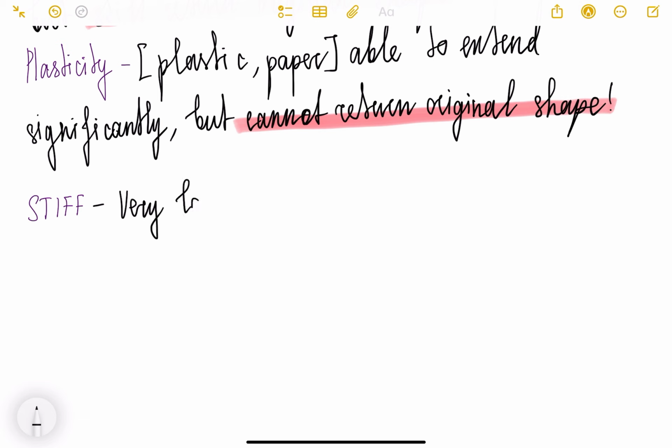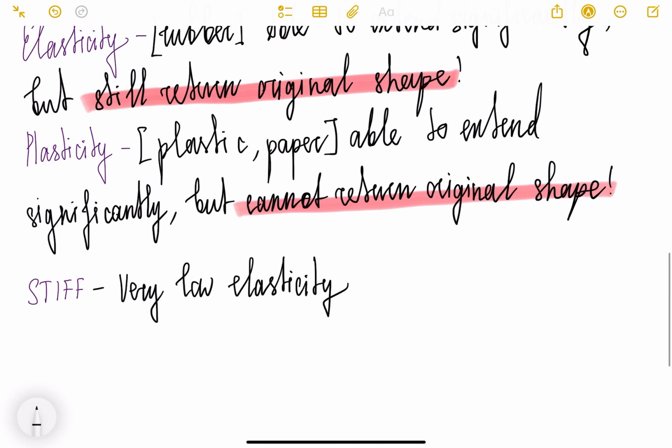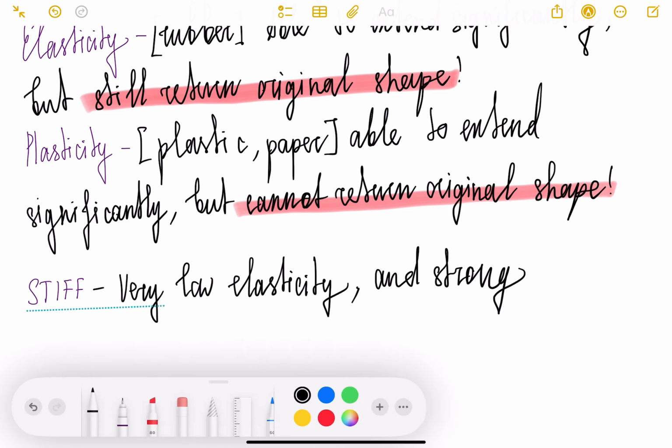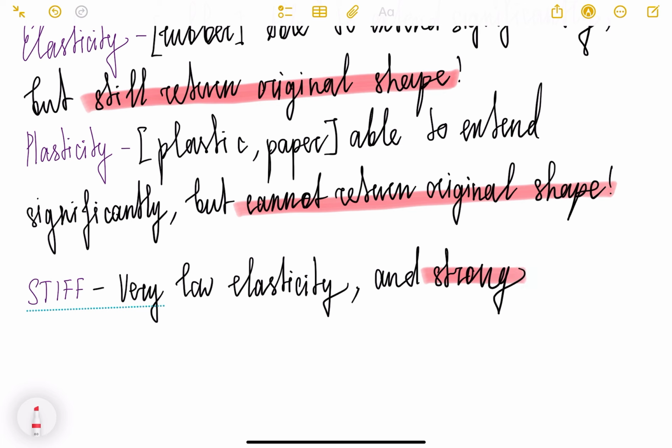Very low elasticity means very low ability to return to their original shape. Very low elasticity and strong. Strong is the main thing we should focus on, right?